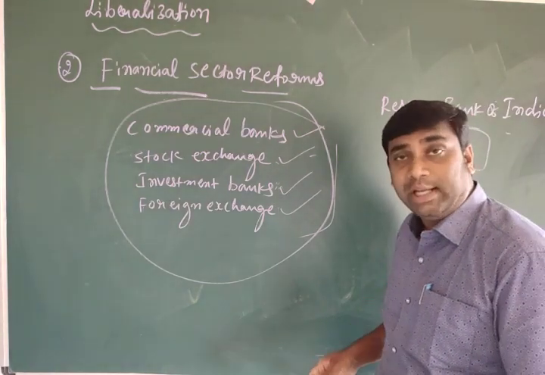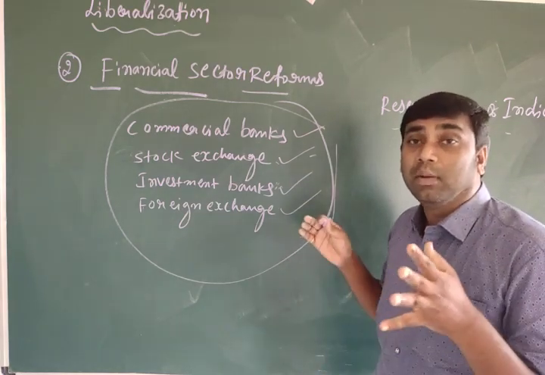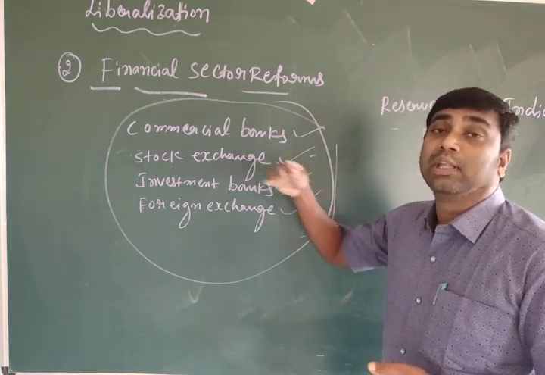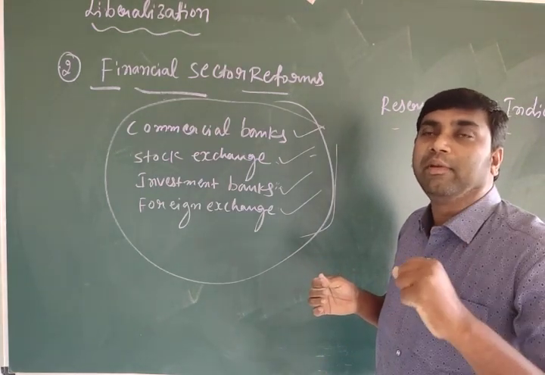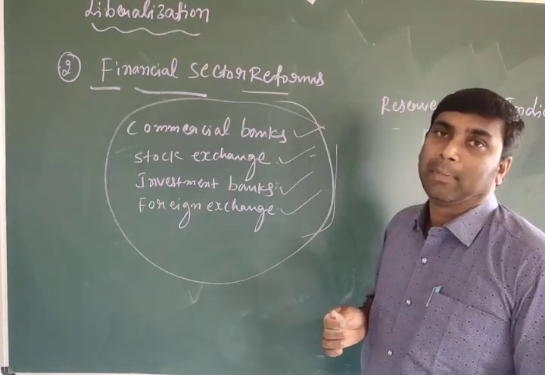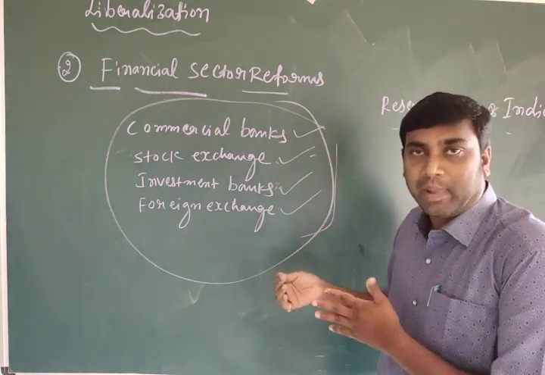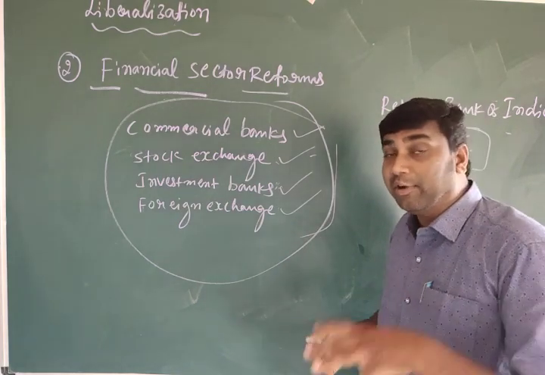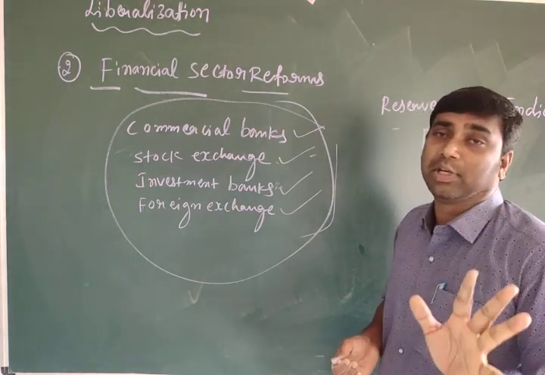The Reserve Bank of India decided how much rate of interest should be fixed, how much money should be kept with themselves and with the Reserve Bank of India, and how much money should be provided as loans. For any matter, for example branch expansion, starting a new bank, or closing a bank, permission had to be taken from the Reserve Bank of India.